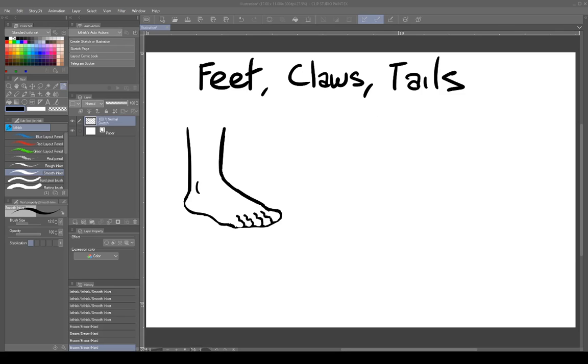You guys are definitely not seeing my browser window, right? Because my little preview is still showing Clip Studio. Ah, shoot. Sorry about that.